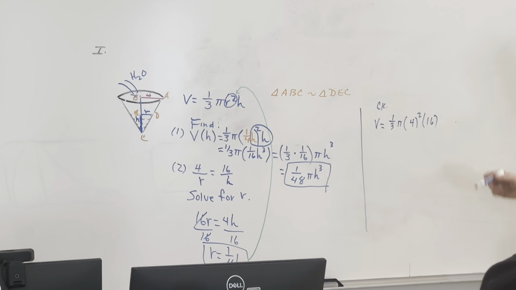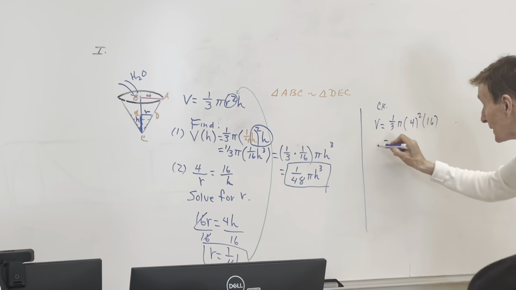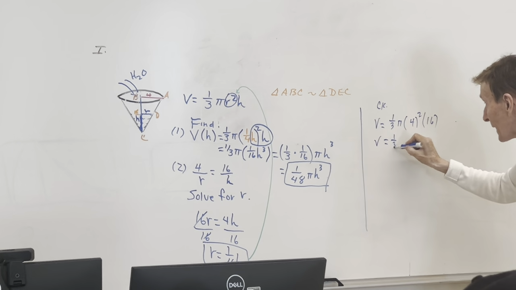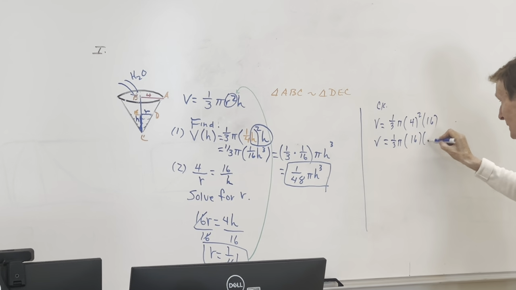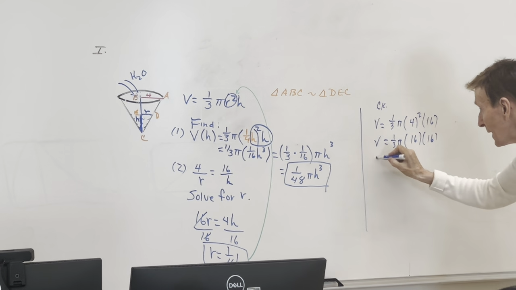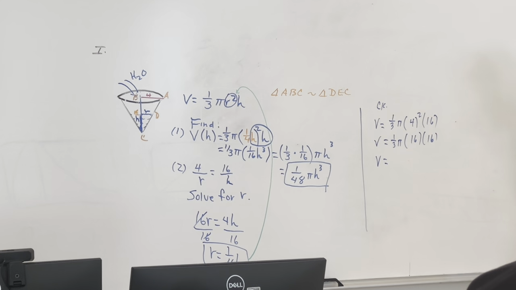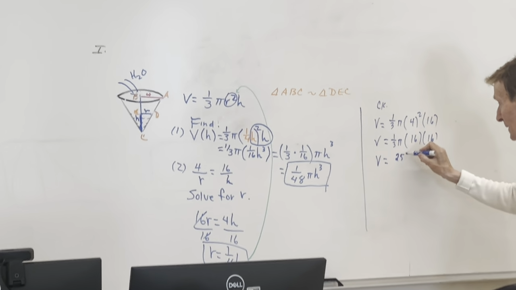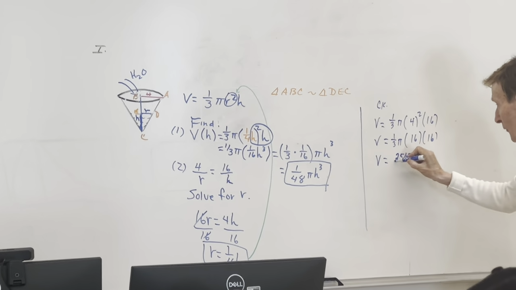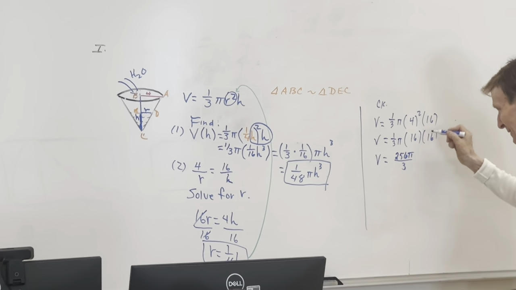And if I clean this up, guys, this is 1/3 pi. Looks like it's 16 times 16, I guess. Okay, 1/3 pi, 16 times 16. Does anyone know what 16 times 16 is? 256. So this would be 256 pi over 3 cubic units.